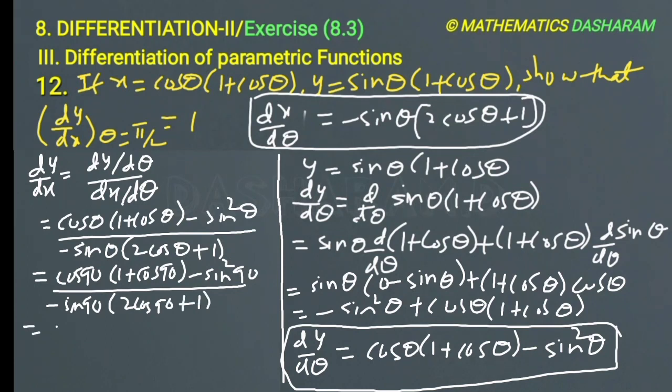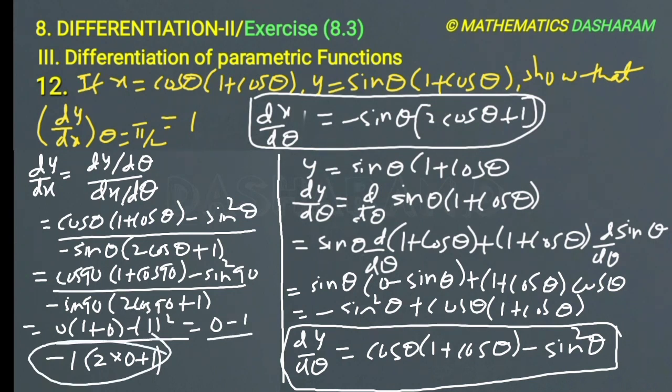Cos 90 is 0, so the numerator is 0 minus sin square 90, which is 1, so it is minus 1. The denominator: 2 into cos 90 is 0, 0 plus 1 is 1, 1 into minus sin 90 is minus 1.